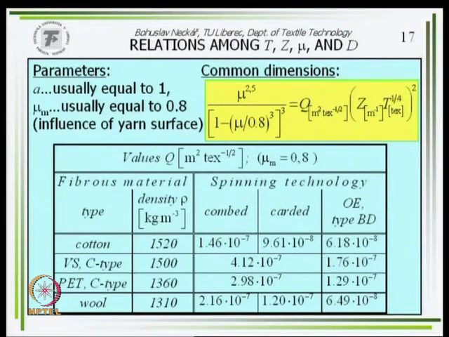I know my students comment on this equation. They are saying that the application of this equation is a little difficult. Therefore, they started to call it the horrible Netzkar's equation.